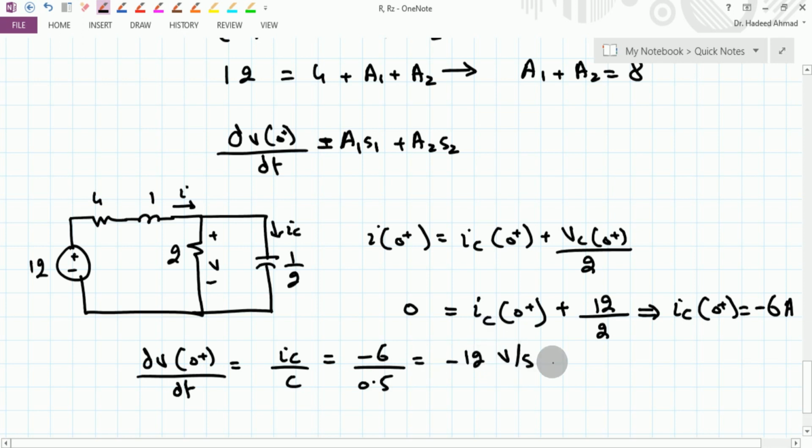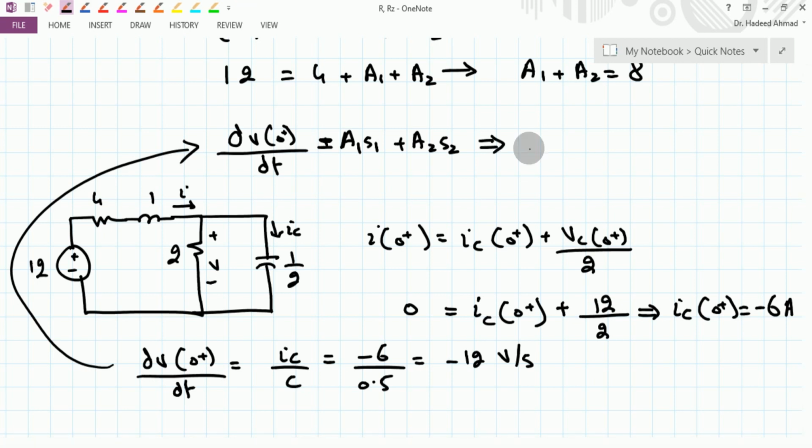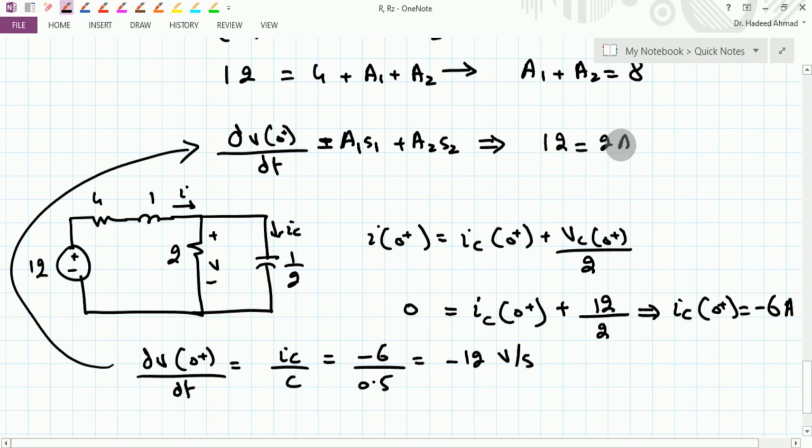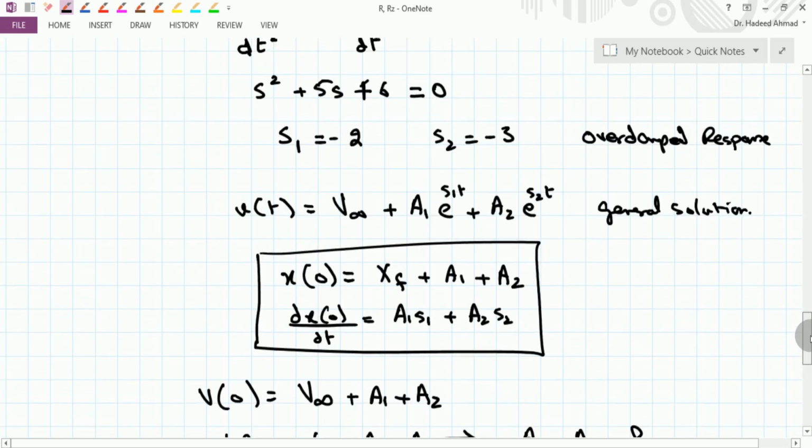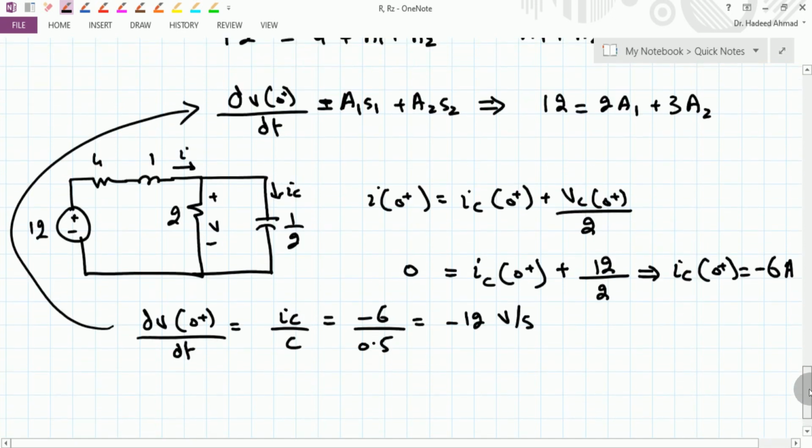This minus 12 volt per second, I am going to substitute in here to get the value of A1 and A2. So this can be written as 12 equals 2A1 plus 3A2. We have the roots in the negative sign, so we cancel out the negative from this 12 and we come up with this equation.